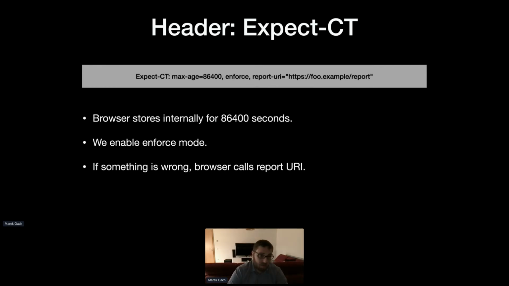What it does is that, if this is in place, the browser stores internally that it will check the certificate for the given page for the given amount of seconds maximum. And if something is wrong, then it will contact that report URL.